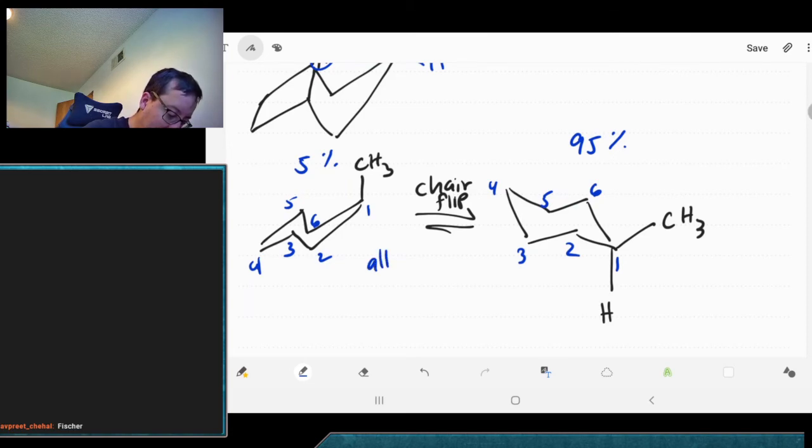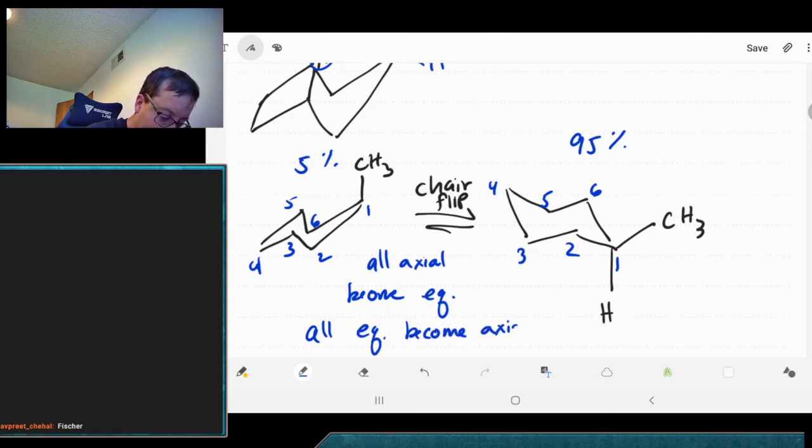But suffice to say, all axial become equatorial. All equatorial become axial. So since we had an axial methyl, it will become an equatorial methyl now. So one that's not pointing straight up and down, it's now pointing off to the side. Off to the side is always more stable, right? So that's what we're looking at there.